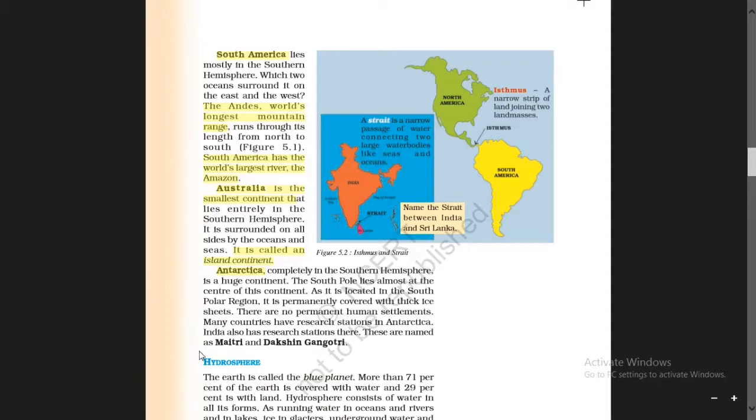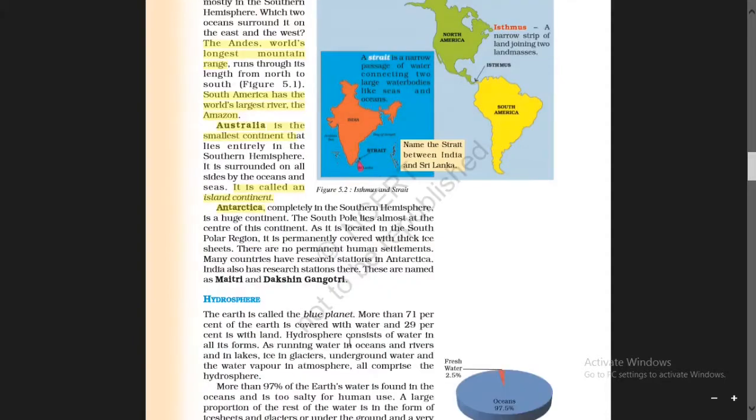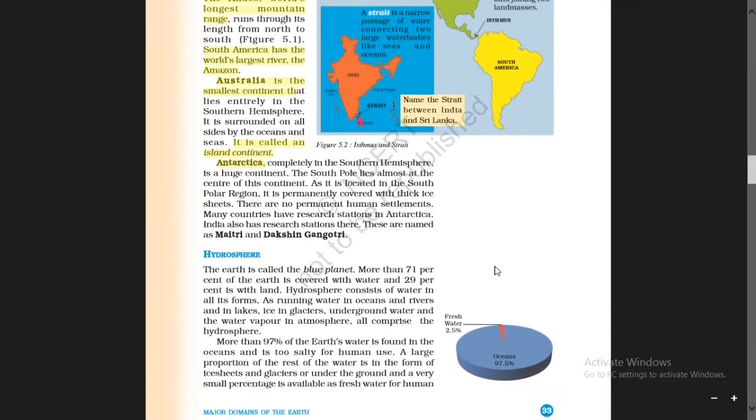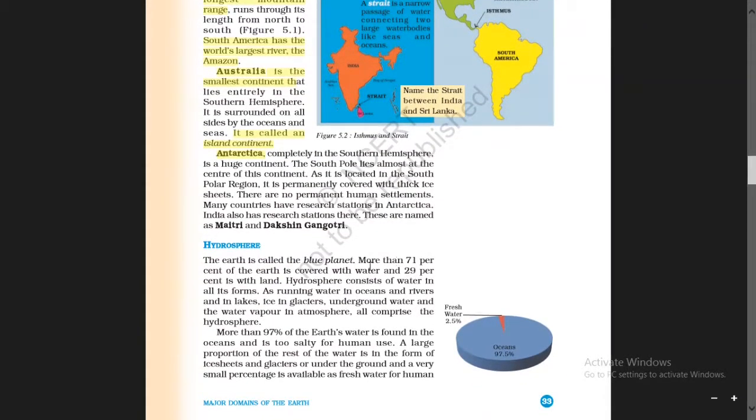These are named Maitri and Dakshin Gangotri. These are the two research centers from our country, India, in the Antarctica continent. So, remember the names of these two. And if anybody asks you what is Dakshin Gangotri, you have to answer it, okay?